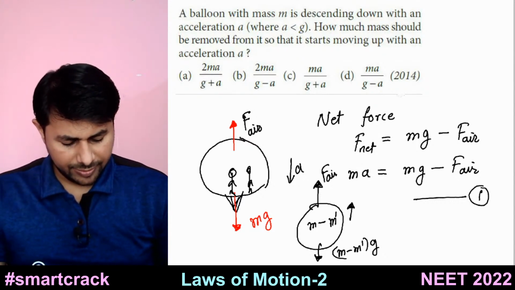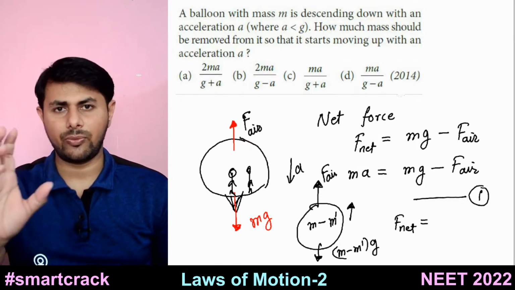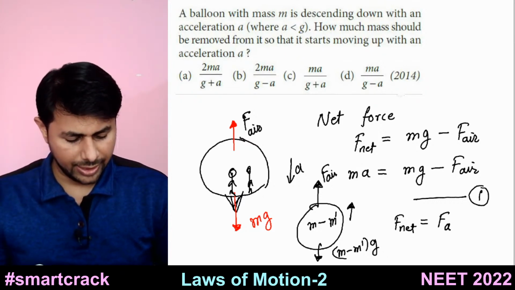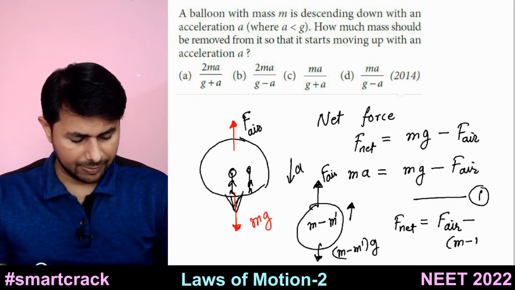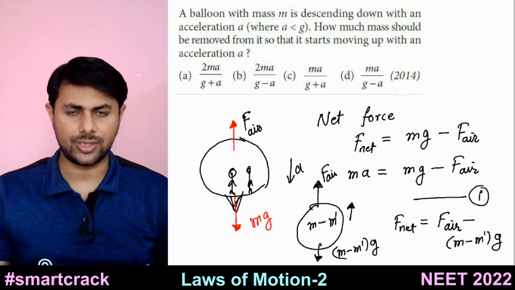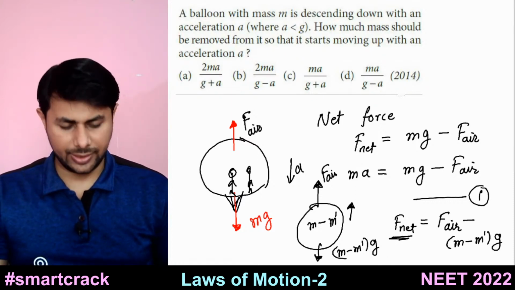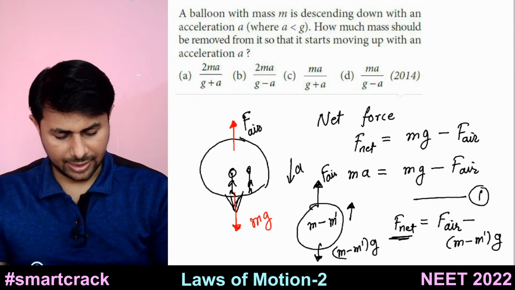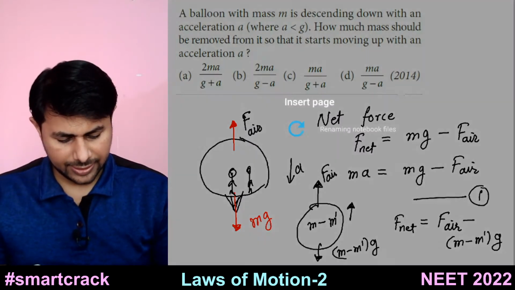So F net will be the total upwards force, which is the force due to air, minus the total downwards force, which is m minus m dash times g. This net force in the second case can be written as mass times acceleration.